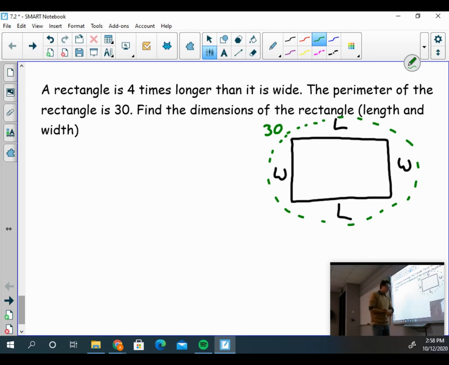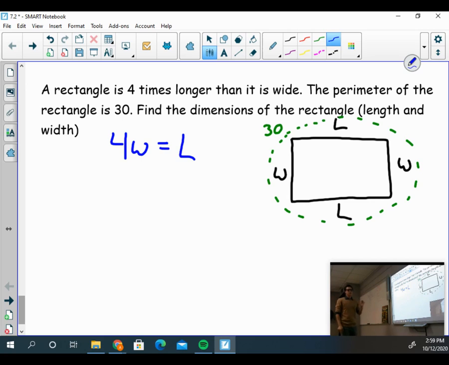So how could we set this up and solve? Well, first things first, before you worry about solving, set up the equations. How do I set these up? Well, first, let's deal with 4 times longer than it is wide. How can we write that in equation format? Well, if it's 4 times longer than it is wide, the length has to be bigger than the width. For them to be equal, you need to do 4 times the width to equal the length.